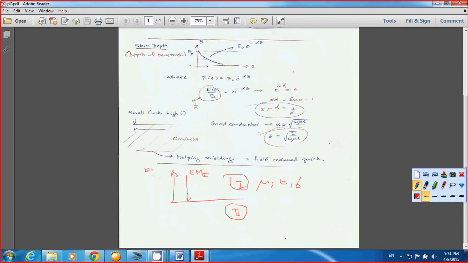So I have the electromagnetic field reflected, represented by R, and you're also going to have the electromagnetic field transmitted into the second media, so I put this one as EMT. Okay, we will talk about it in the next YouTube.